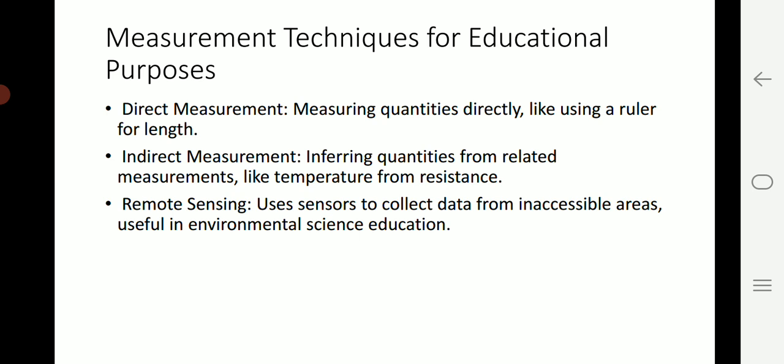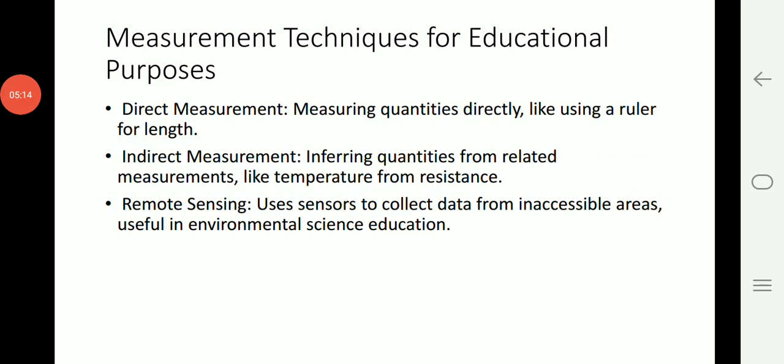And the last one, remote sensing. Remote sensing uses sensors to collect data in inaccessible areas, useful in environmental science education. The best example of this is a drone. By using a drone, nowadays land, forest areas, seas, and rivers are measured.